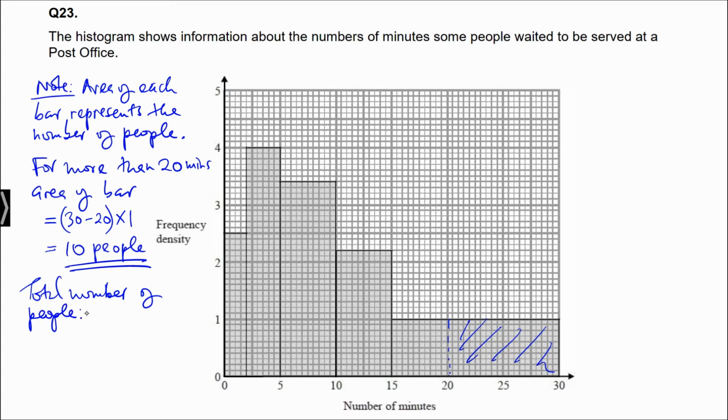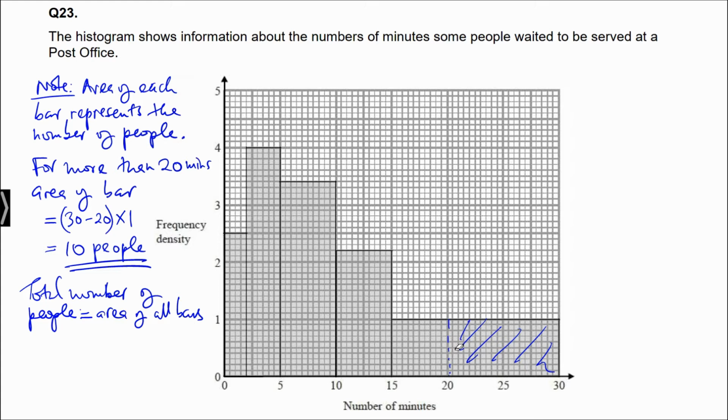To find the total number of people, we have to find the area of all bars. All right, so we need to find the area of all bars.